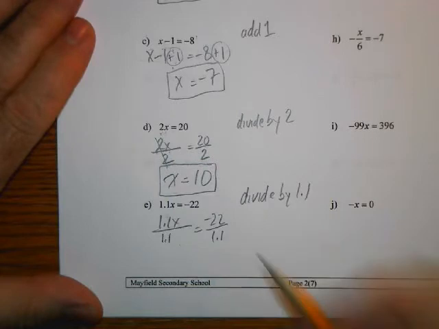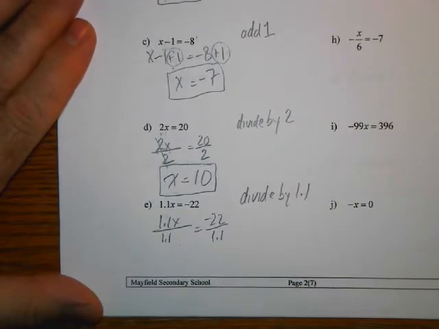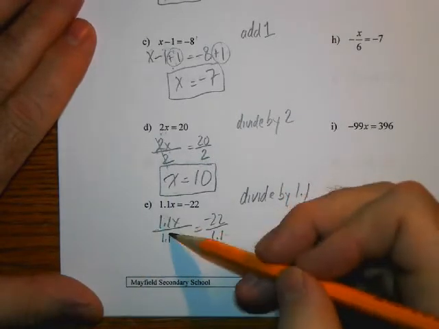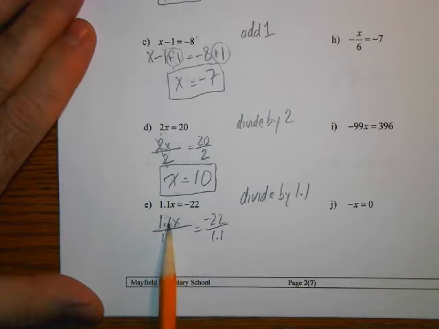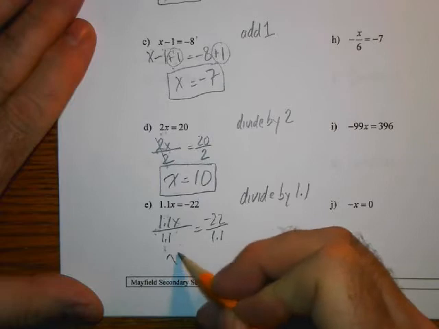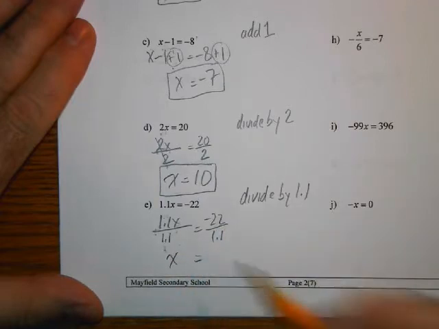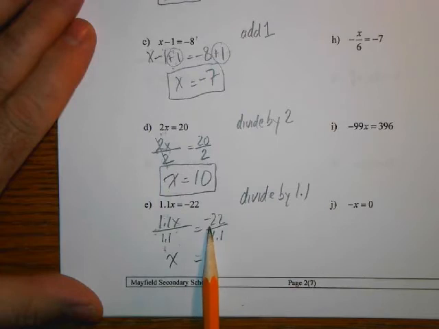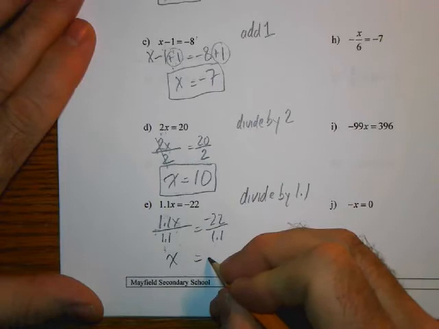Now, when you work with decimals, it's always a bit more of a struggle. This one here should be obvious. If I'm multiplying by 1.1 and then dividing by 1.1, I'm back to x. But this one, not so sure about. The one thing I do know is I have a negative divided by a positive. So I know the answer will be negative.